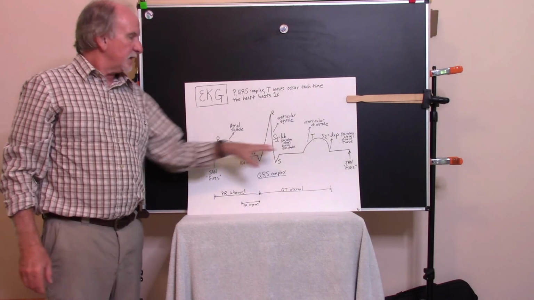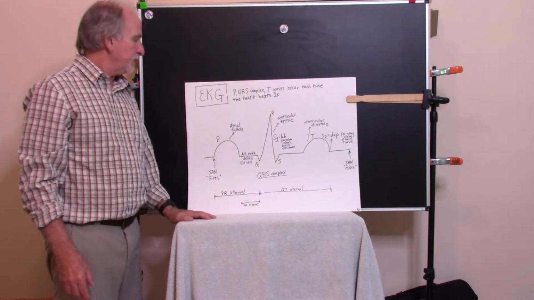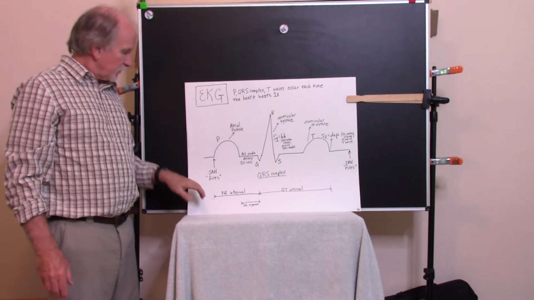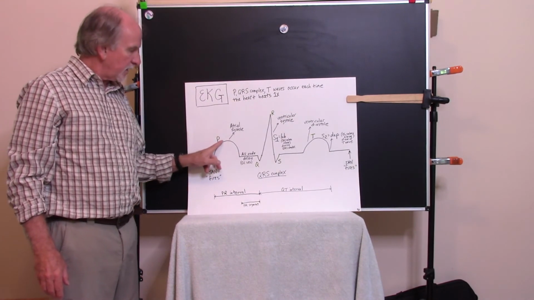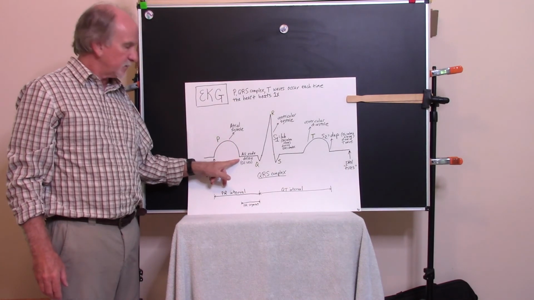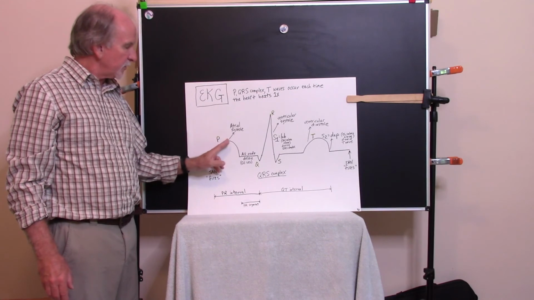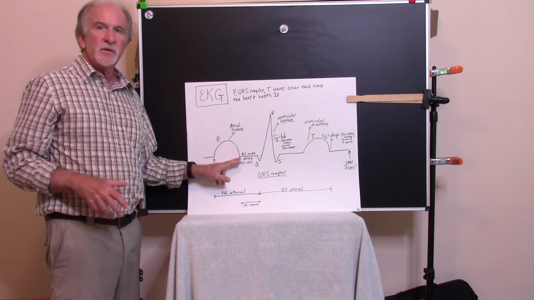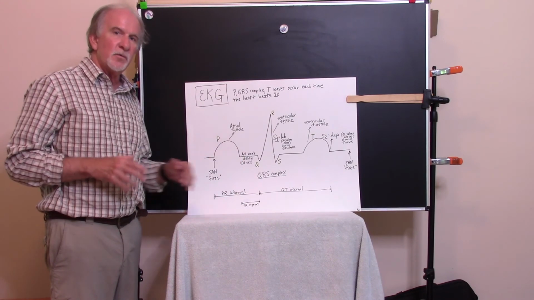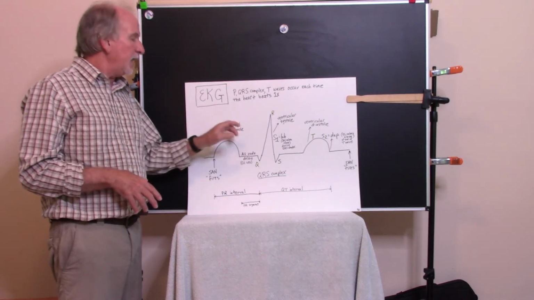This is an EKG tracing showing all 5 of these waves. So when the SA node fires, the cardiac impulse spreads across the atria to generate the P wave. And the spread of the cardiac impulse across the atria stimulates cardiac muscle cells in the wall of the atria to contract, and that would be atrial systole.